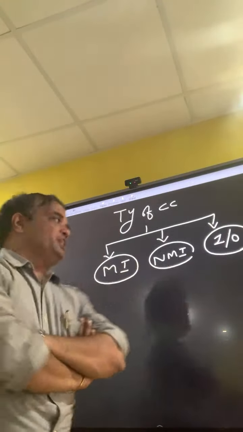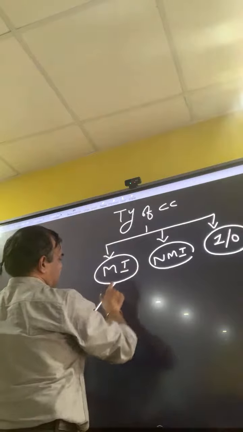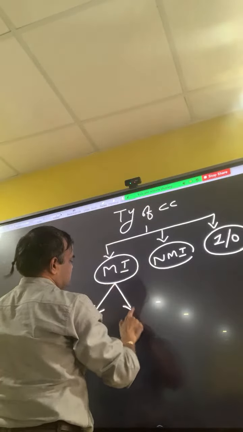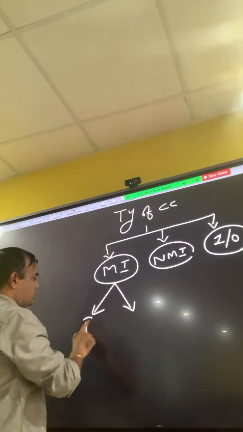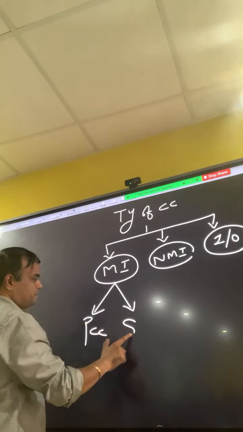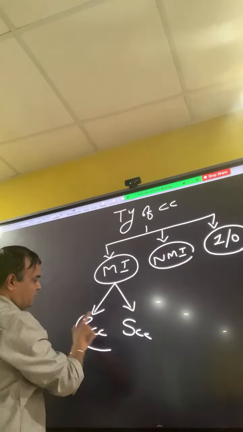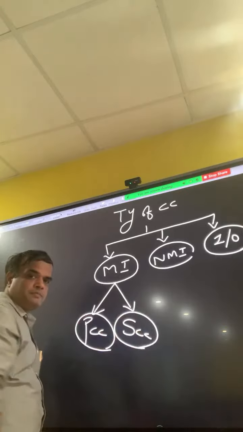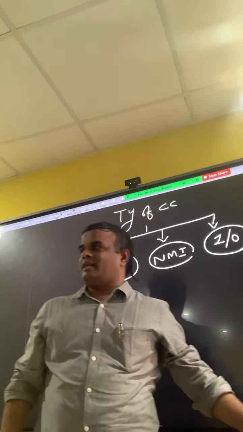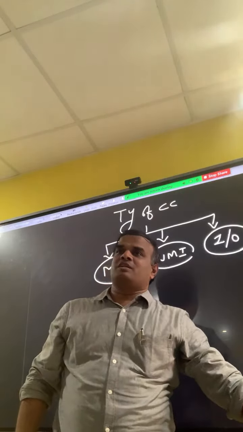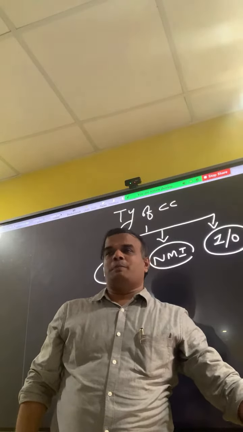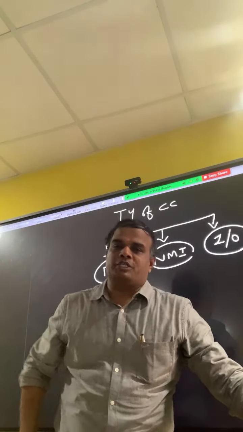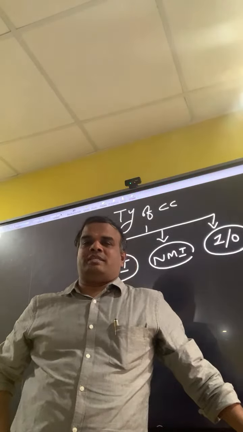Based on manufacturing industry, two types are there: production cost center and service cost center, like production department and service department.